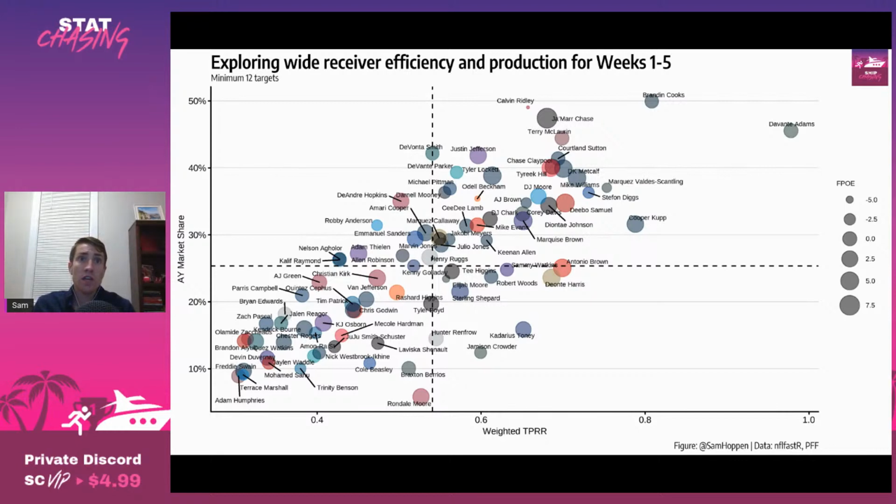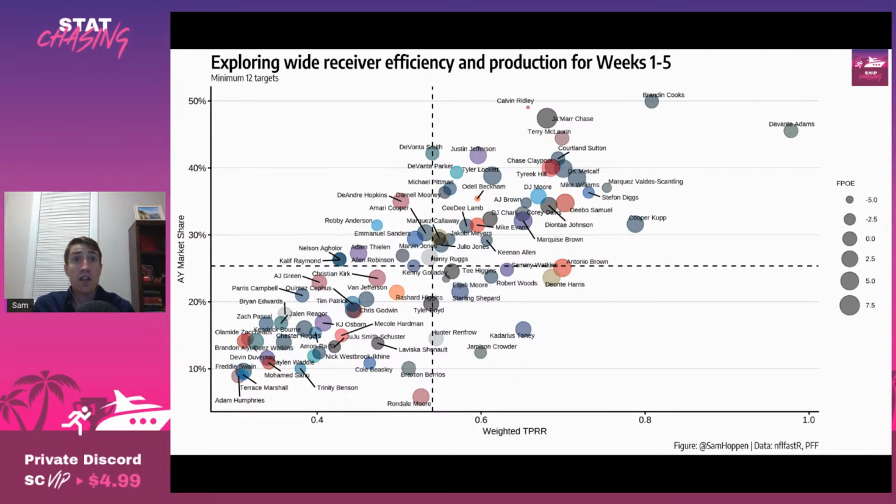Metrics-wise, Claypool's been solid himself with a 23% target share, largely boosted by his 15 target game in week 3, but they count all the same, and he leads the team in air yards share at 40%.